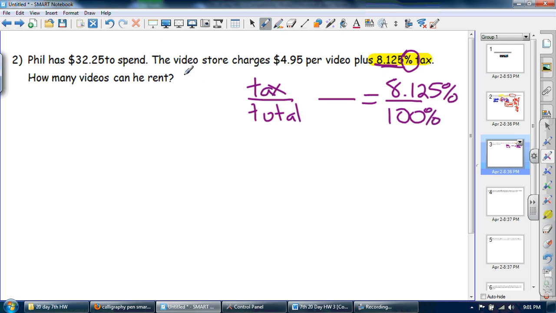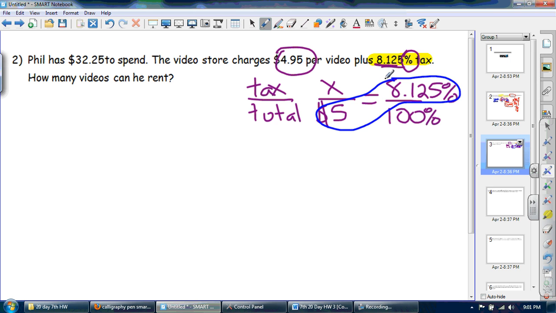So now we can put in the cost for the video, so we don't have to do all the decimals. Let's say that is $5, and we want to know what that tax is. So now we can cross multiply. If you remember from earlier, we kind of worked this one out. It's 8.125. Got like 3 decimals here. 8.125 times 5.